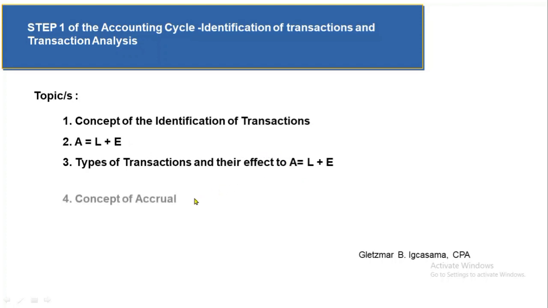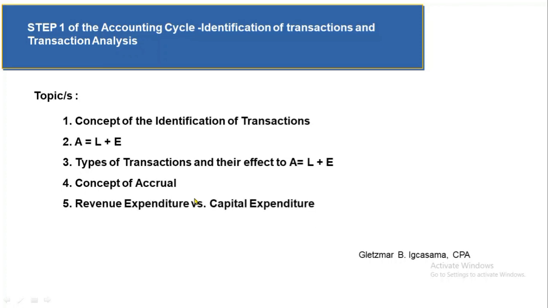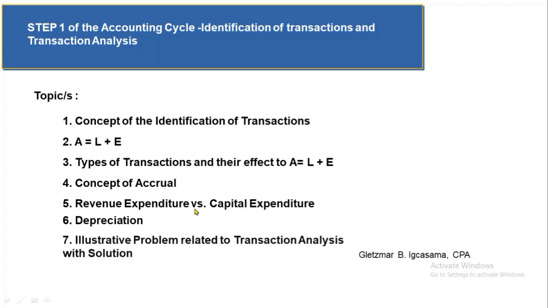We are also going to talk about the concepts of accrual, revenue expenditure versus capital expenditure, and depreciation. And lastly, we're going to have some illustrative problems related to transaction analysis, and of course with solutions.